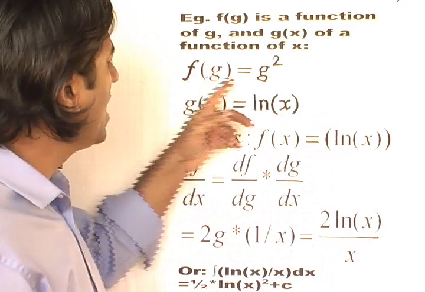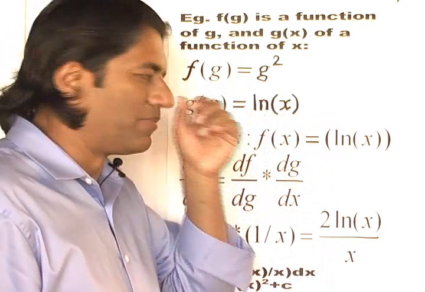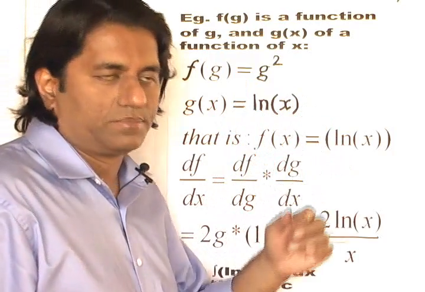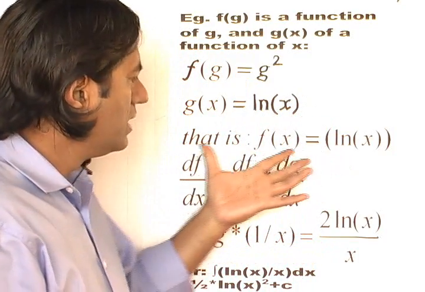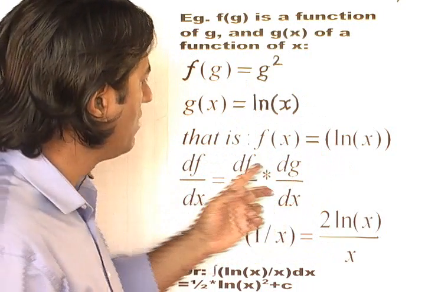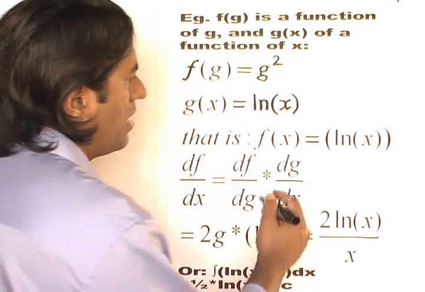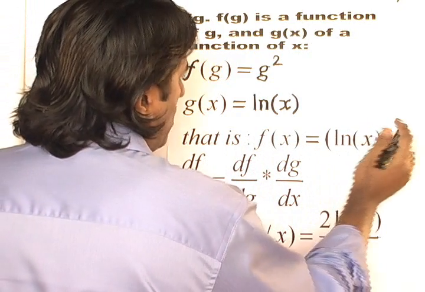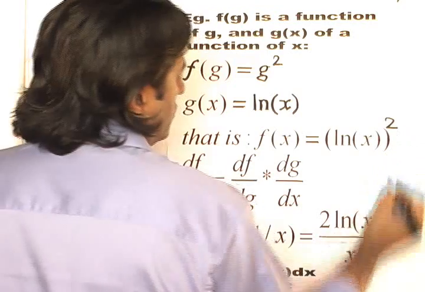So then f becomes a function of a function of x. So what you have is f(x) equal to (log x) squared.